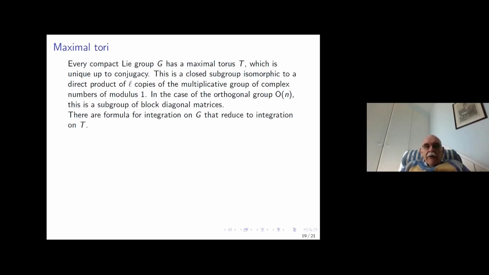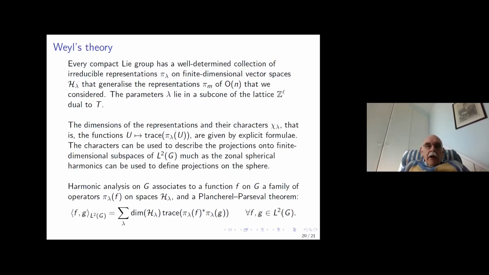And then there are formulas for integration on G that reduce to integration on T. So we did some integration on compact Lie groups. This can be reduced to integration on a torus, and integration on a torus is something that we more or less know how to do. So here are the main points of his theorem. Every compact Lie group has got a well-determined collection of irreducible representations.